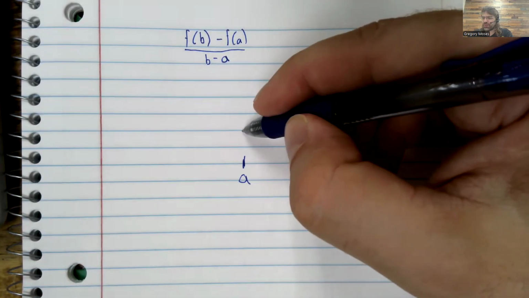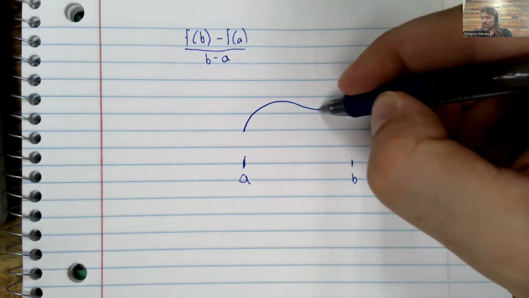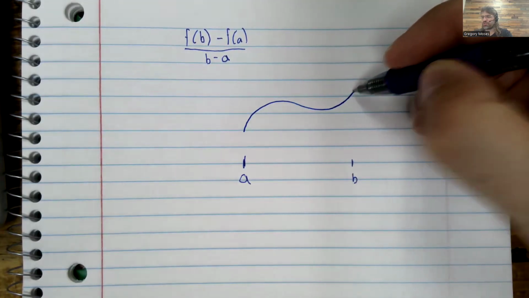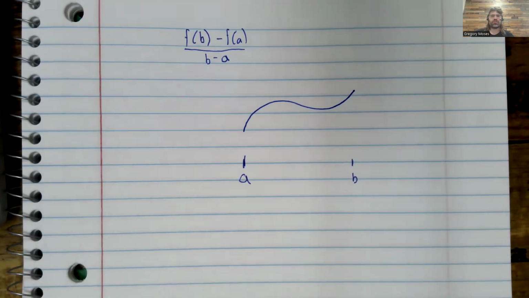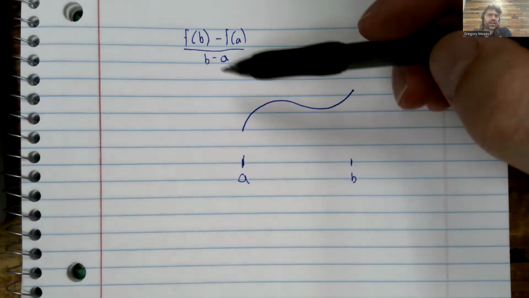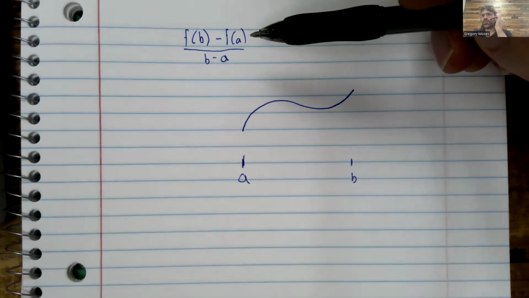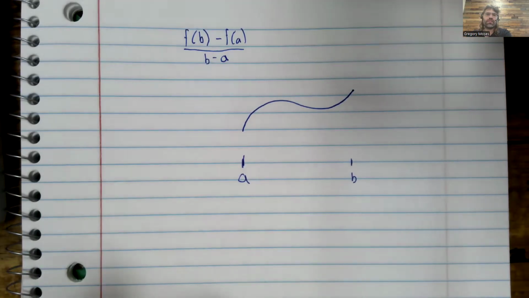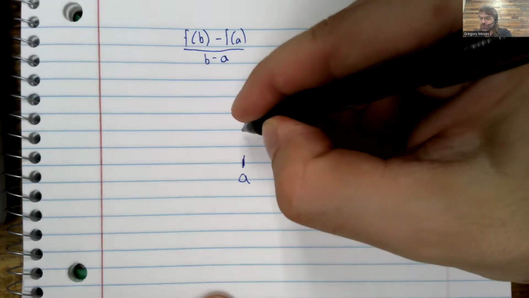You have a function doing whatever the function is doing. And you have the average rate of change on the interval. And this average rate of change formula is the slope of a line.